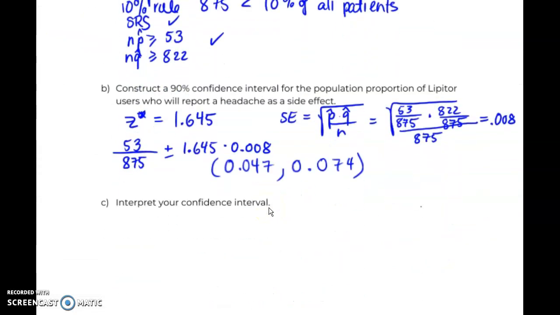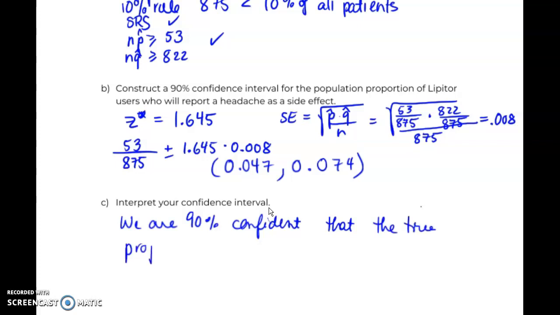So the last thing we're going to do is interpret this. We would say we are 90% confident that the true proportion of people who suffer from headaches on Lipitor is between 0.047 and 0.074.